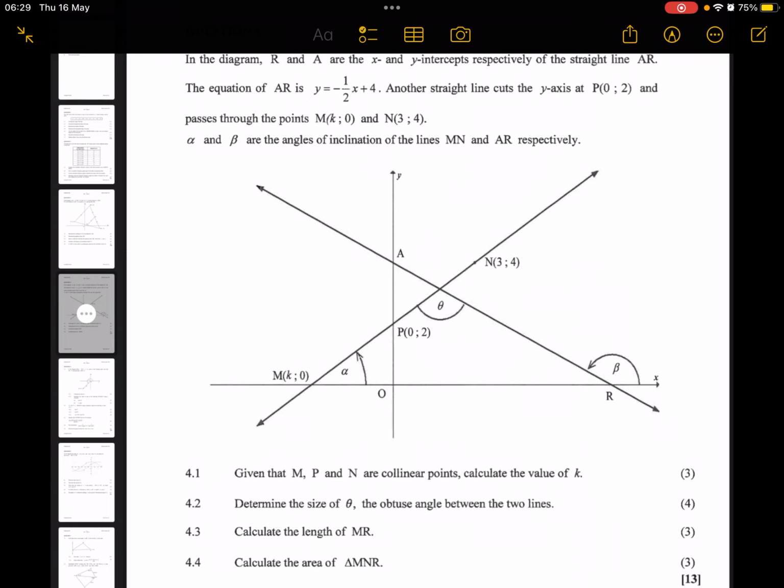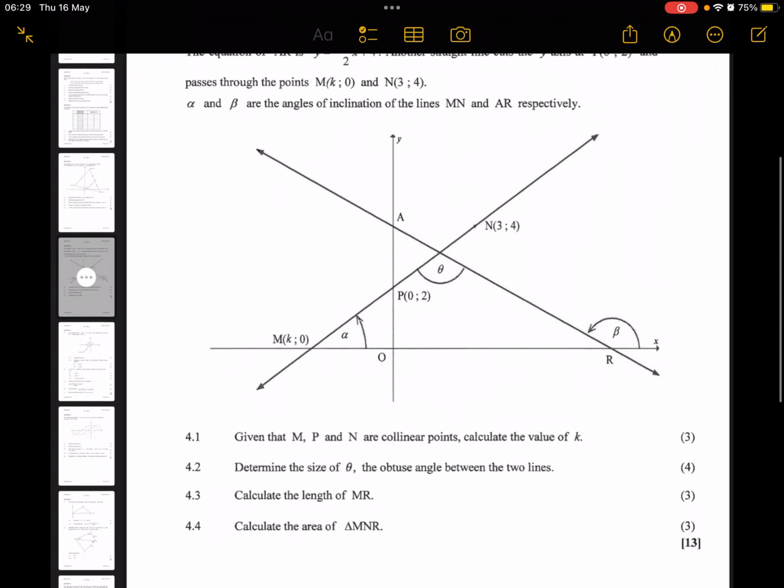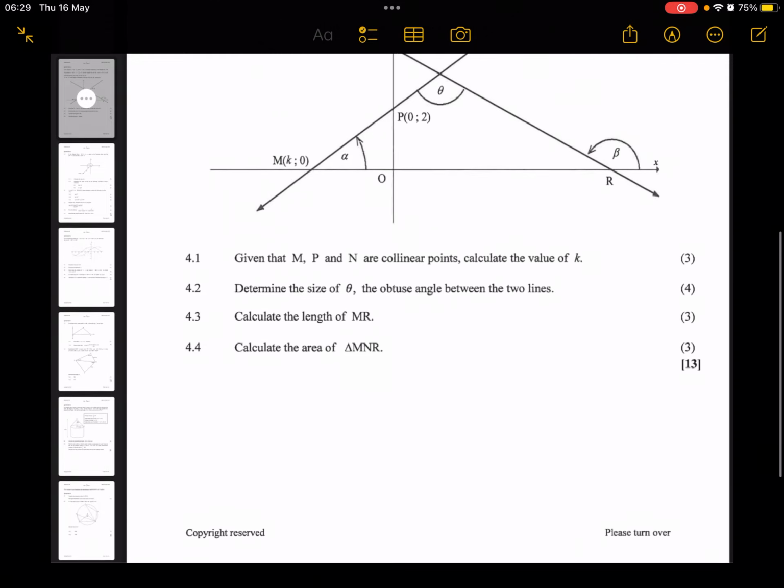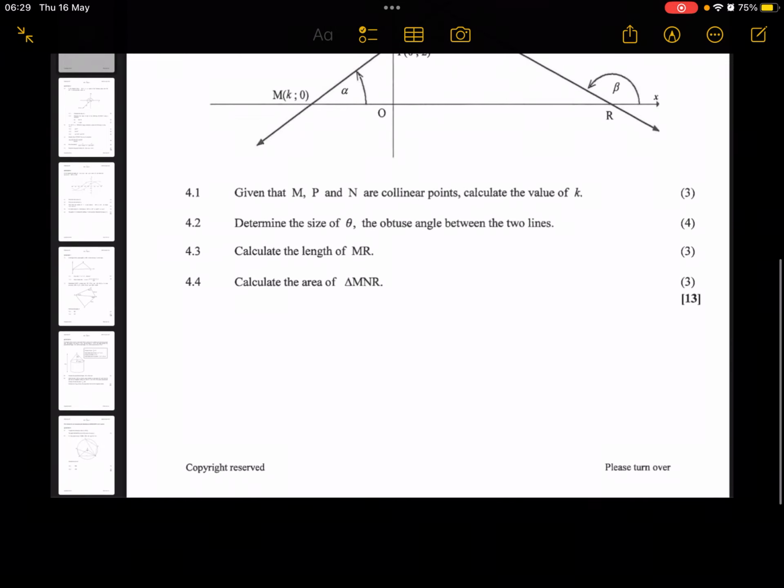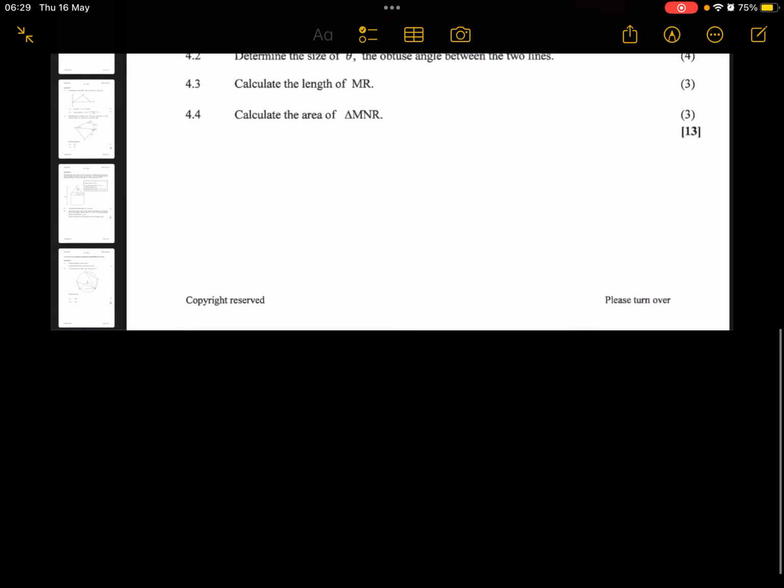The angle alpha and angle beta are the angles of inclination of the lines MN and AR respectively. Now we are given that M, P and N are collinear. Then we have to calculate the value of k.